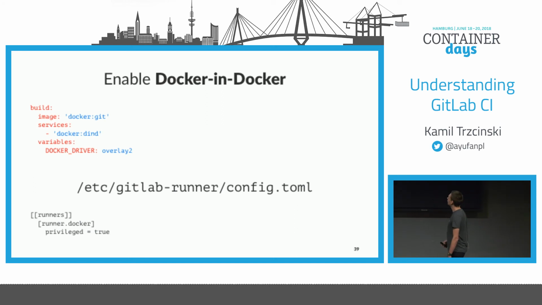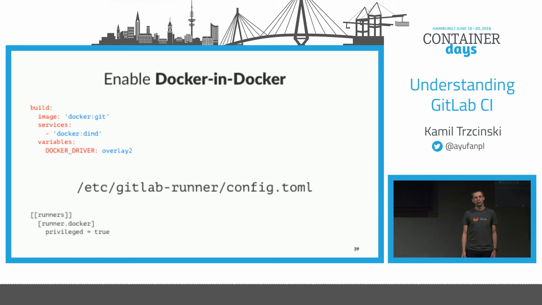And how to enable Docker in Docker? We are very flexible, maybe sometimes too flexible, because you are in full control of what kind of workflow you want to use. Basically, the main requirement is to use privileged true, so you make your containers able to do everything. It's insecure, but as I said, you need to make some trade-off.